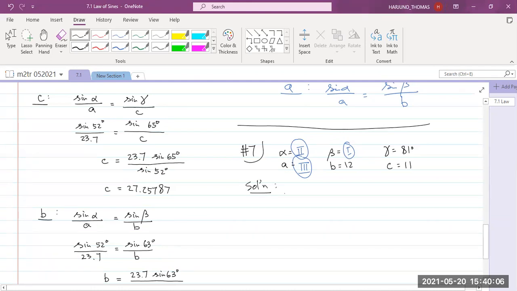To find angle beta, I will do sine beta over B equals sine gamma over C. Sine beta over 12 equals sine 81 degrees over 11. Sine beta equals 12 sine 81 degrees over 11.